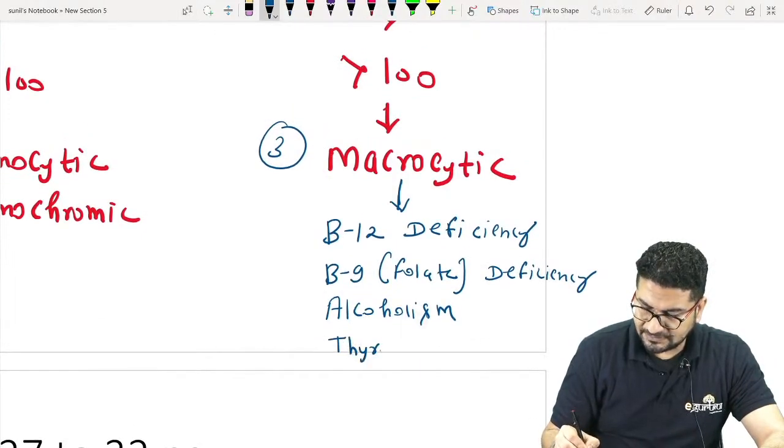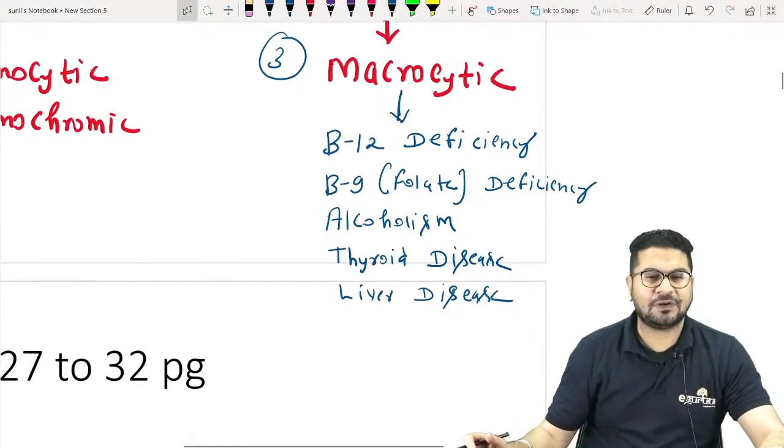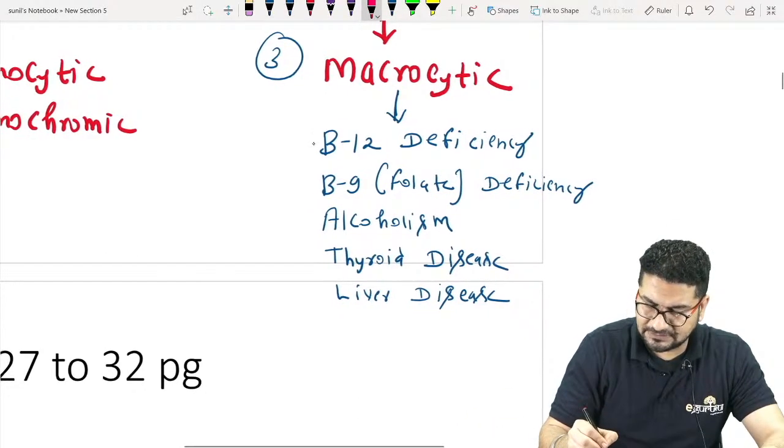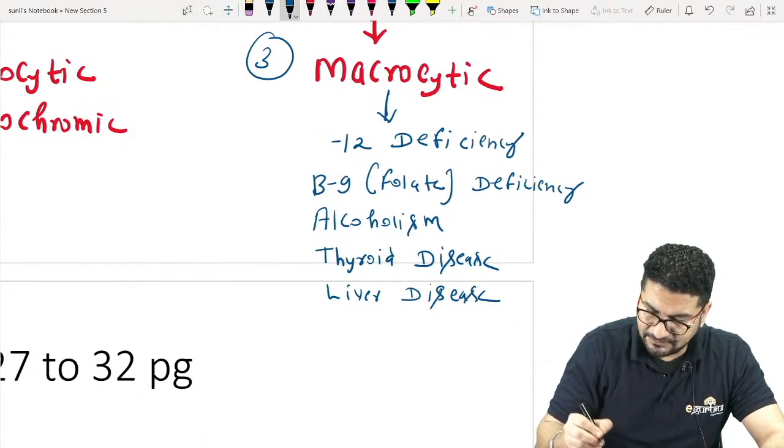Macrocytic anemia sometimes you can see due to thyroid diseases and liver disease. So understand, these are the causes of macrocytic anemia. For your exam, you have to remember 2 important ones, that is B12 and B9.